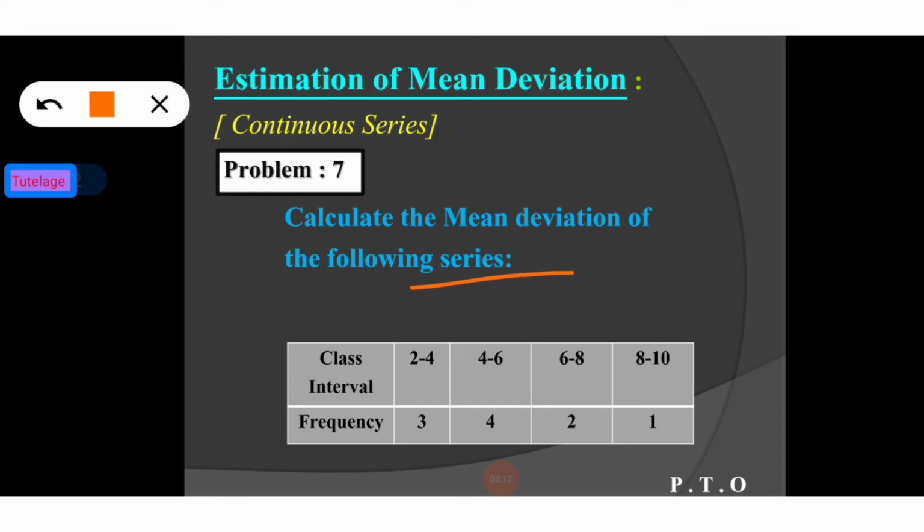There are two rows and five columns: class interval and frequency. There are four classes basically, 2 to 4, 4 to 6, 6 to 8, 8 to 10, and frequencies are 3, 4, 2 and 1. Now going to the solution for this problem.